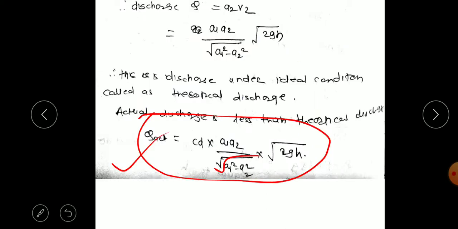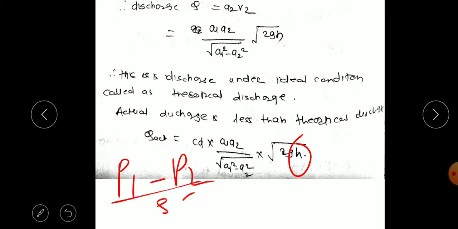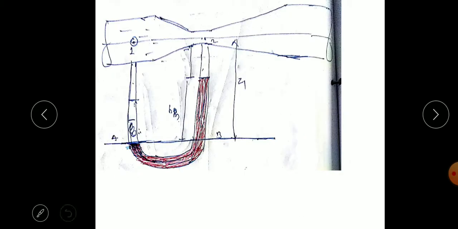Now in this formula there is a term H. H means the pressure head difference, P1 minus P2 by rho g. This H is unknown, and we have to find H from the manometric head. So this H is the HM, the difference of the manometric head of the fluid.